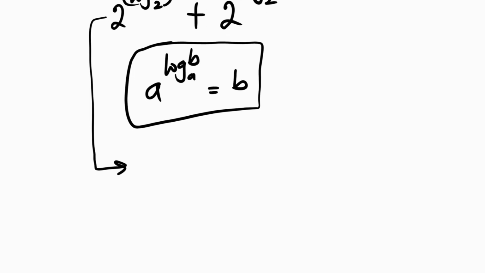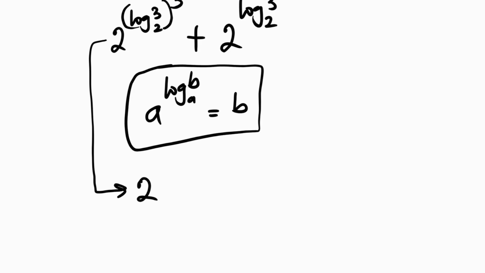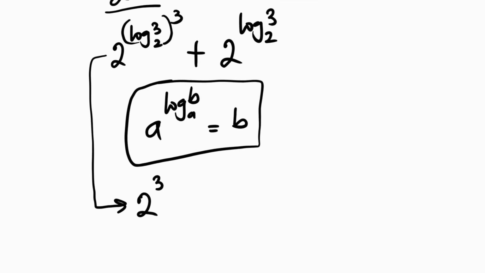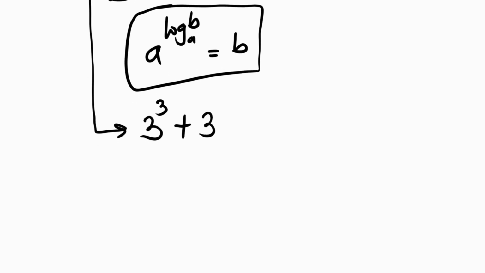our equation now becomes 2 raised to power log of 3 base 2 now becomes 3, raised to power 3, plus 2 raised to power log of 3 base 2 becomes 3 as well.